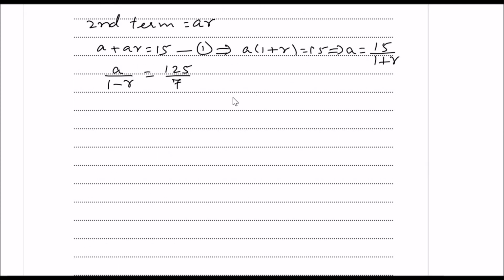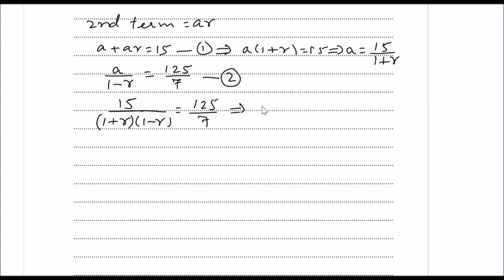Now we'll solve 1 and 2. From 1 we'll substitute the value of A in equation 2. Substituting A equal to 15 by 1 plus R, we write 15 by 1 plus R into 1 minus R, equal to 125 by 7.